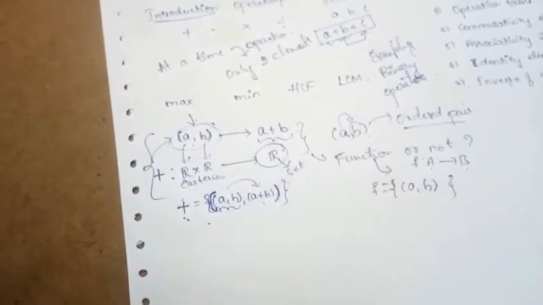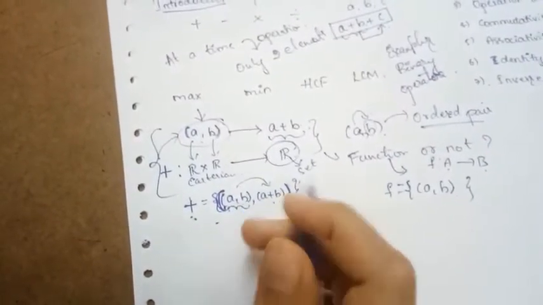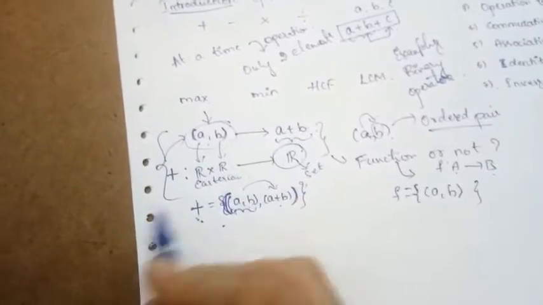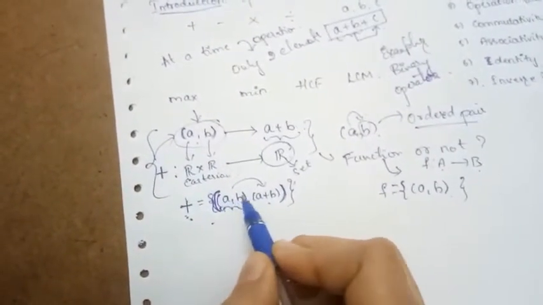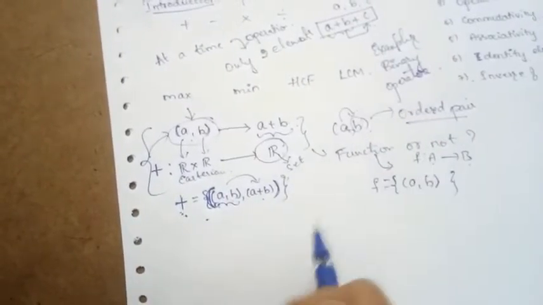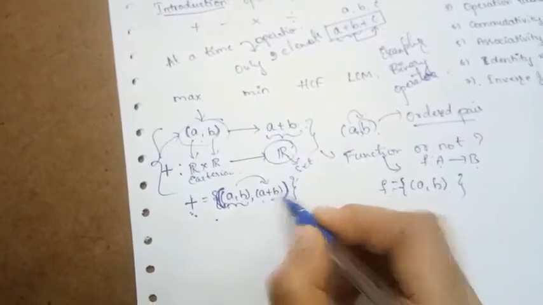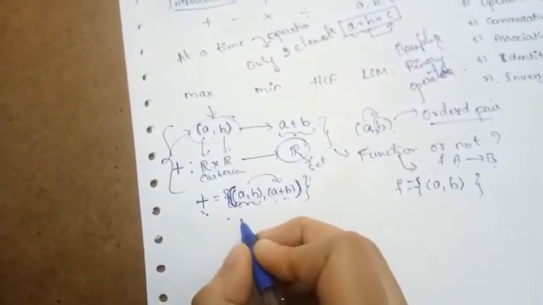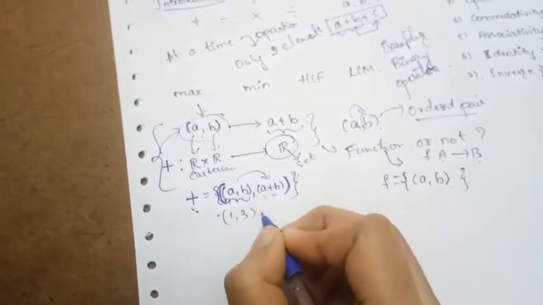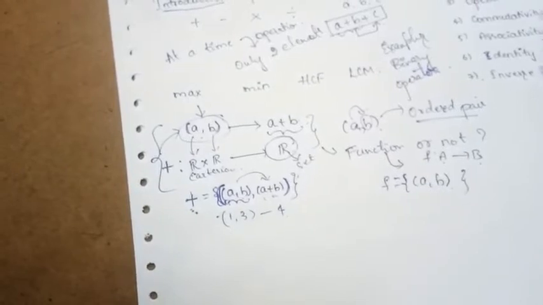Think about it: if I take any two distinct real numbers and use the operator addition, for the same first element, do we get different answers? For example, if I take (1, 3), we are going to get 4.